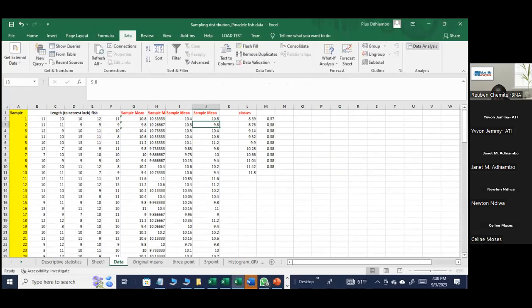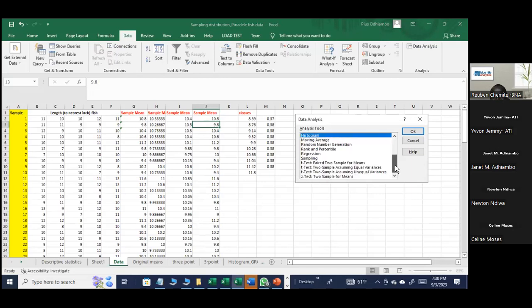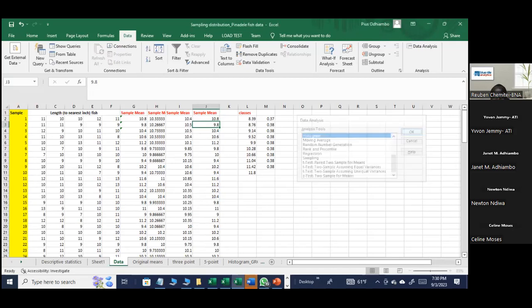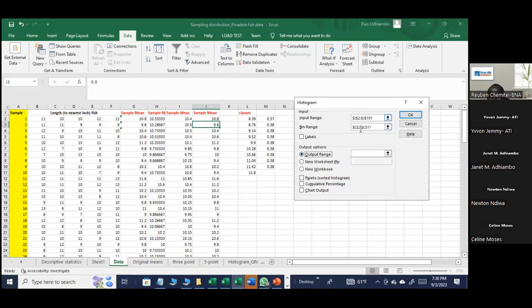Data analysis. Then I have histogram. Then I have input range is this one, output range is that. Now, what I want to do is I want to try this.